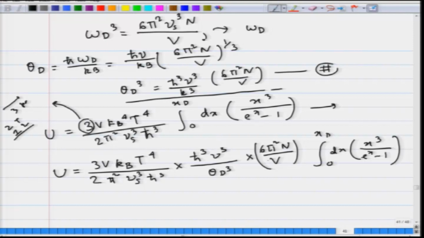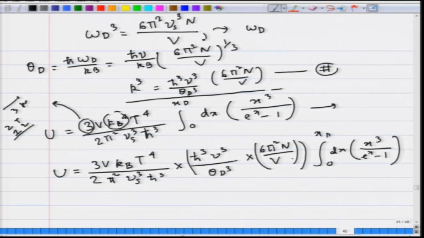I am just replacing the cube value here. Suppose I take this k cube from here and replace it by this form, k cube equals theta d cube, and one more k remains, so this is k to the power 4 here.